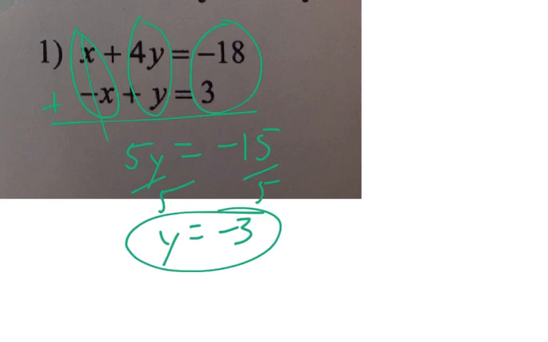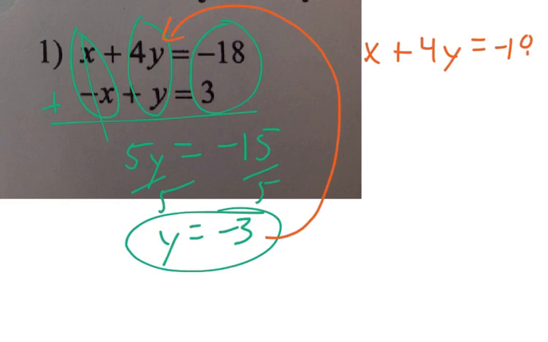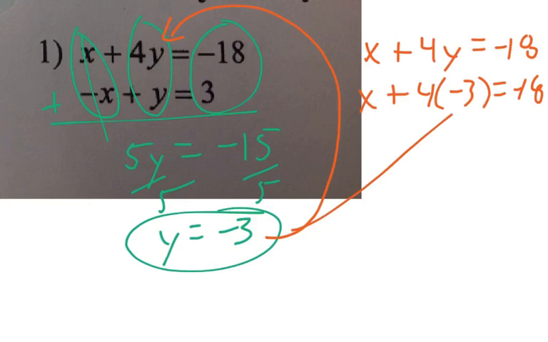Now all I need to do is plug that back in. I'm just going to use the first equation. So the first equation says x plus 4y equals negative 18. I'm going to go ahead and plug in the negative 3 for y. So see how I actually plugged in the negative 3 for y right there.